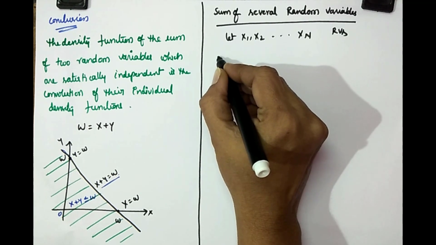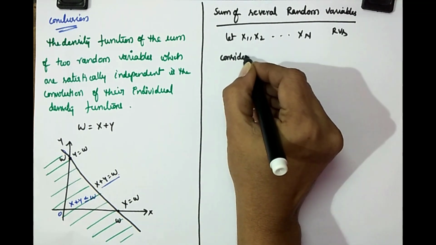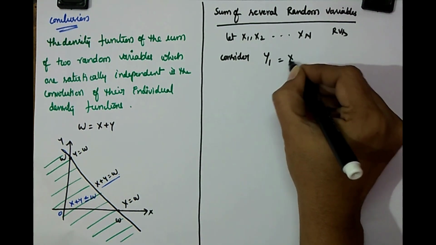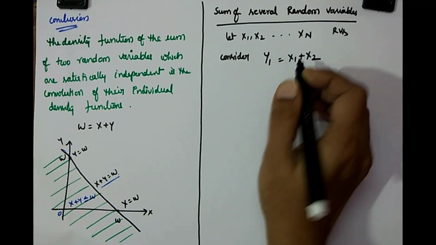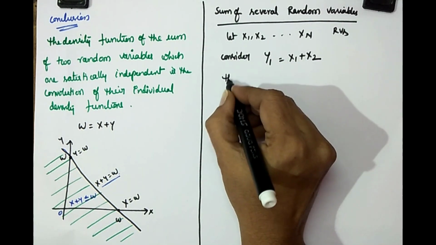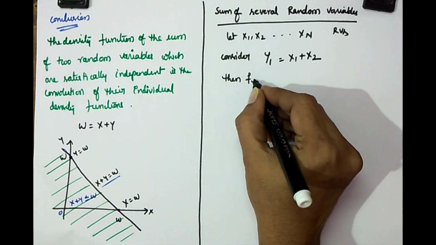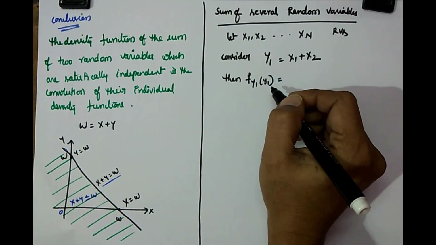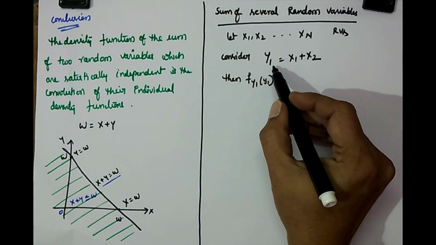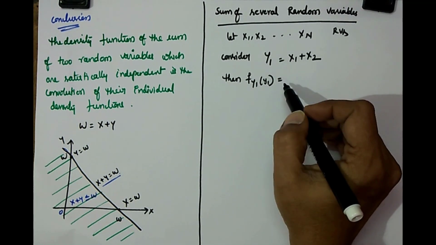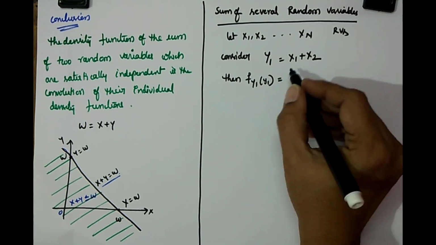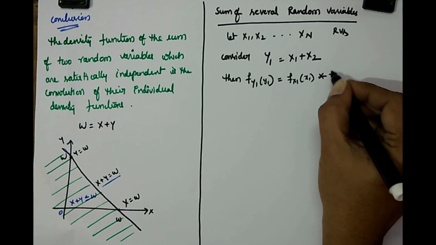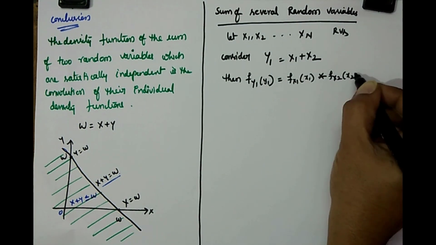Now consider first y1 as the sum of x1 plus x2. Then what is fy1 of y1? According to our previous conclusion, the density function of the sum of two random variables is equal to the convolution of their individual density functions. So you can write it as fx1 of x1 convolved with fx2 of x2. Fine.